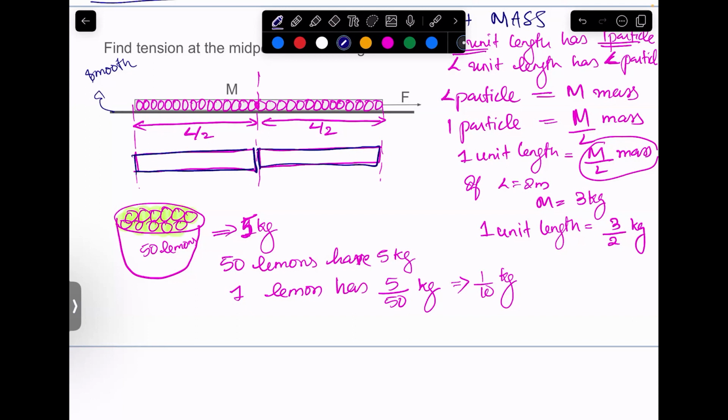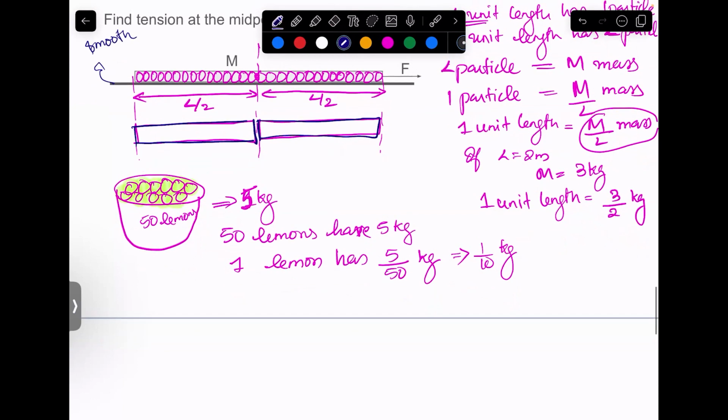It will be m by L times L by 2, right? One unit length has m by L mass. That means L by 2 unit length has m by L times L by 2 mass, that means m by 2 mass.